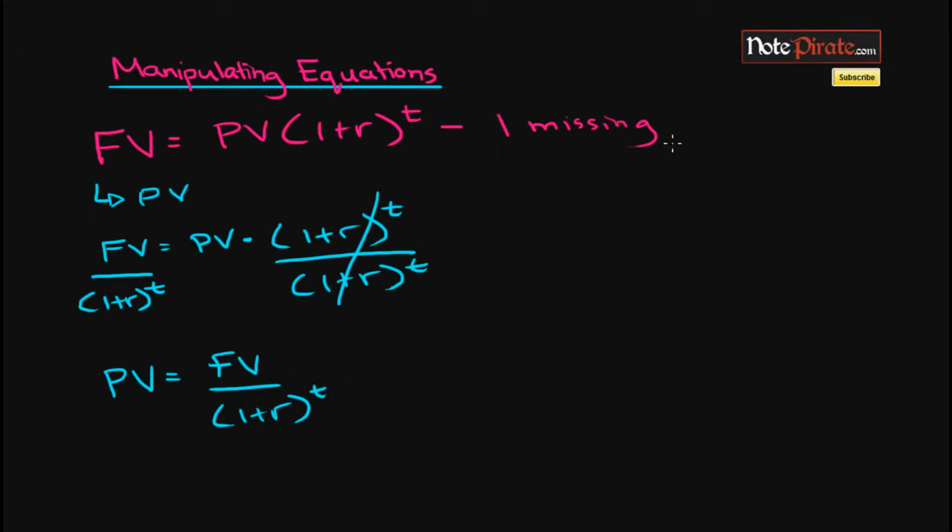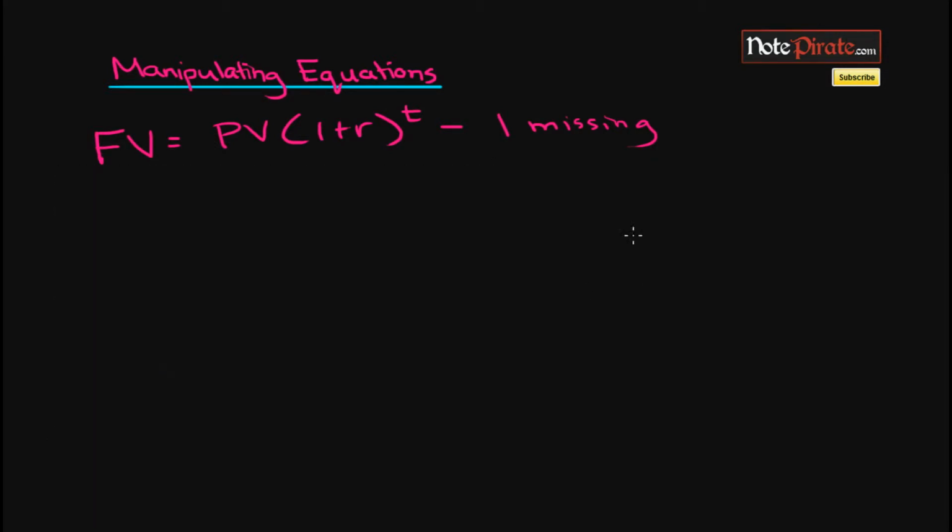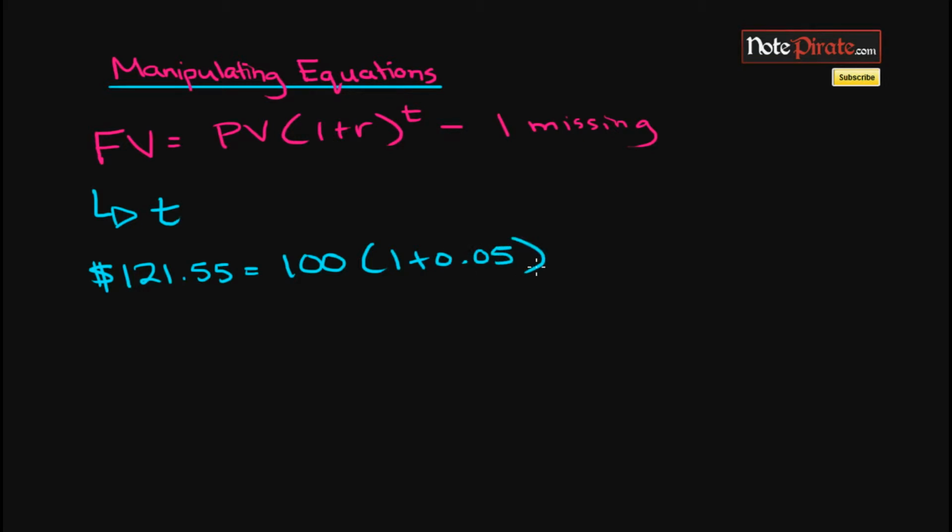Next one is we're going to be working on the t variable, or the number of periods. So let me draw a little arrow and t. So for this, I actually have come up with some values to make sure that we're working towards a variable that we know is correct. So present value is 100, 1 plus a discount rate of 5% to the power of 4.